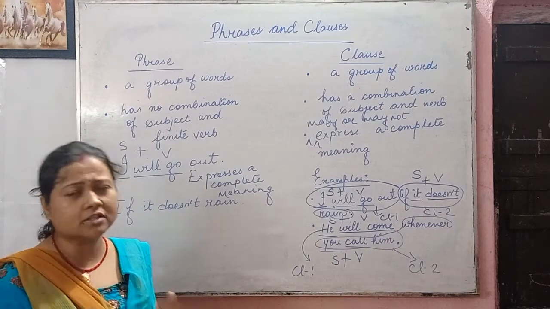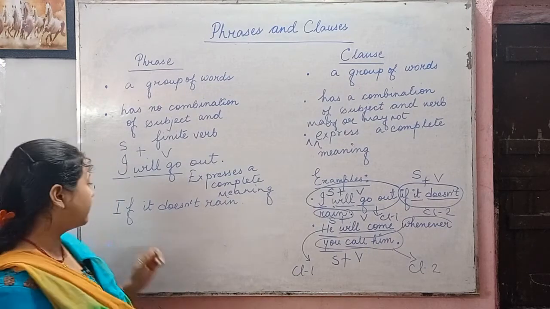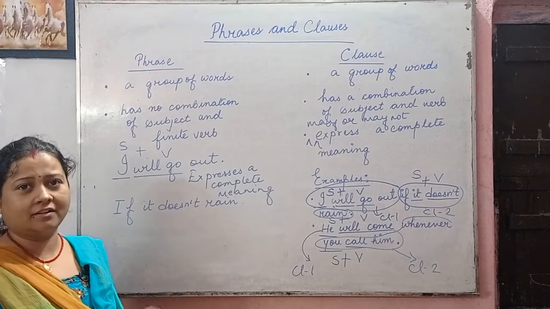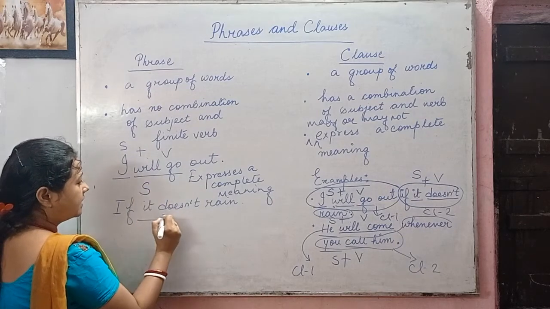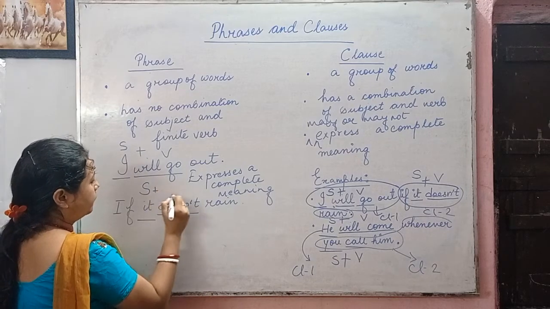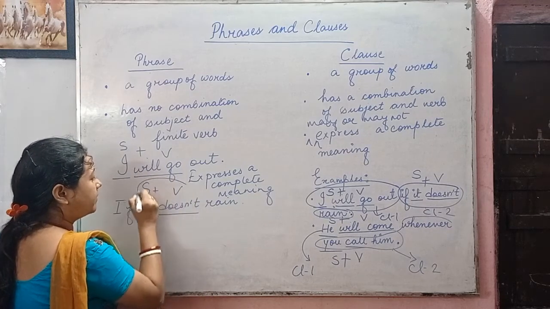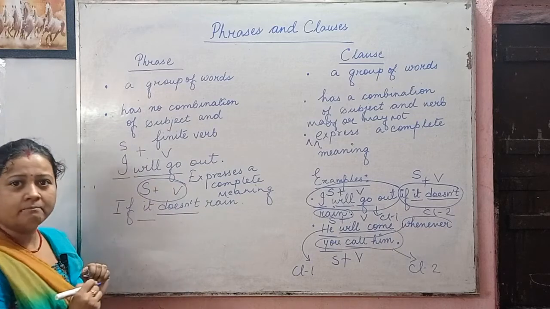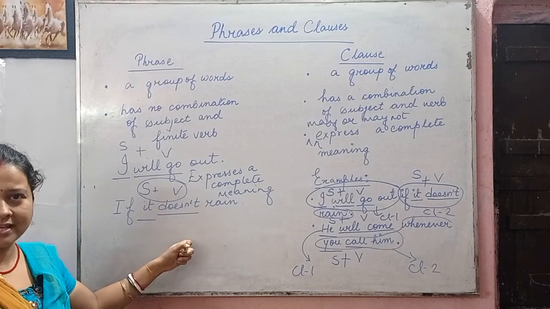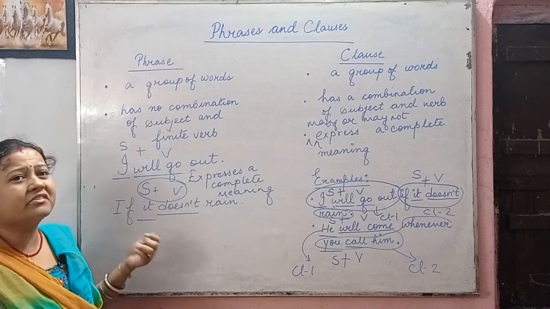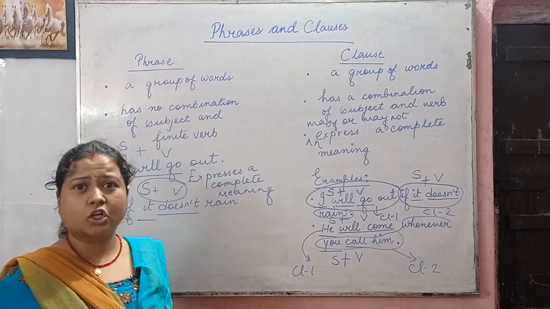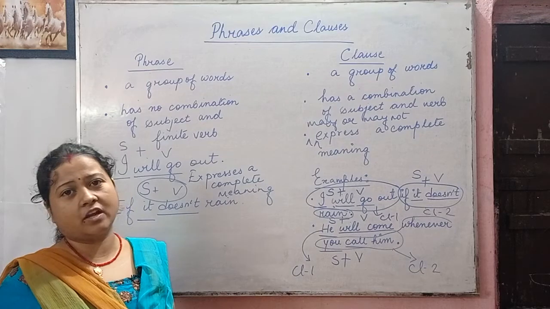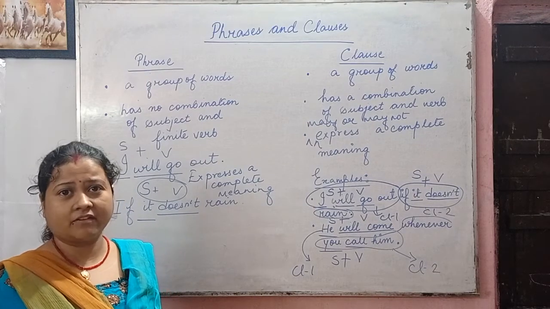It is not a complete sentence. See children, it is the subject, doesn't is the verb. So we have got the combination of subject and verb, meaning it is a clause. But does it give a complete sense? No, it is not giving a complete meaning, right?